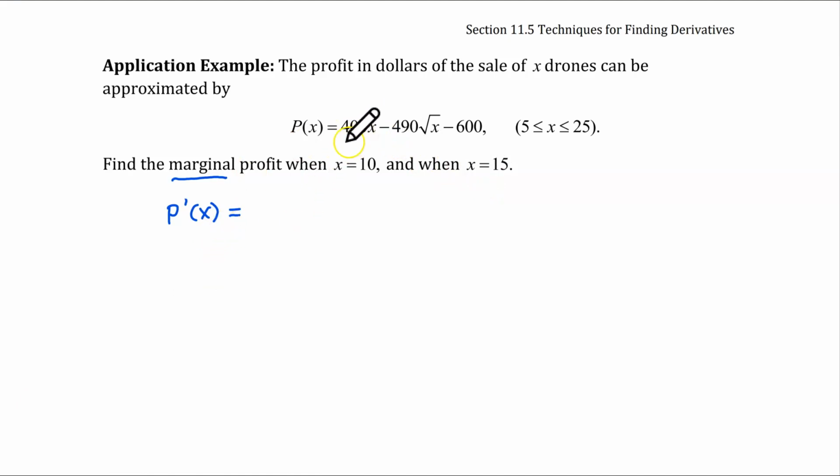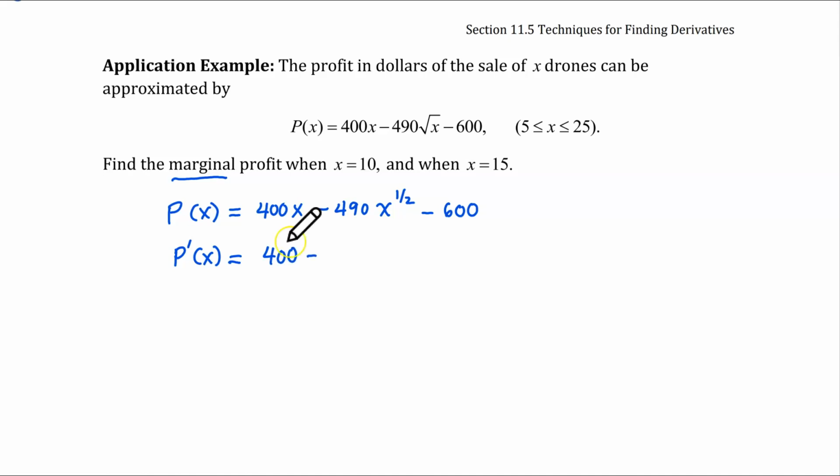To differentiate this, let's differentiate each term of P of X. Let's write this first in exponential form. So 400x is good. Next, we write the second term, 490 square root of x, in exponential form. This can be written as 490 x to the 1/2, minus 600. Then we differentiate. So P prime of x is equal to the derivative of 400x, which is 400.